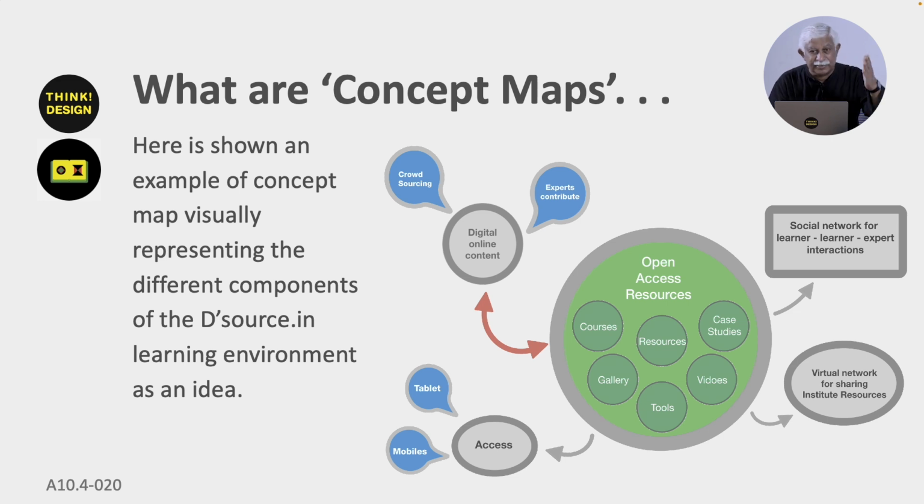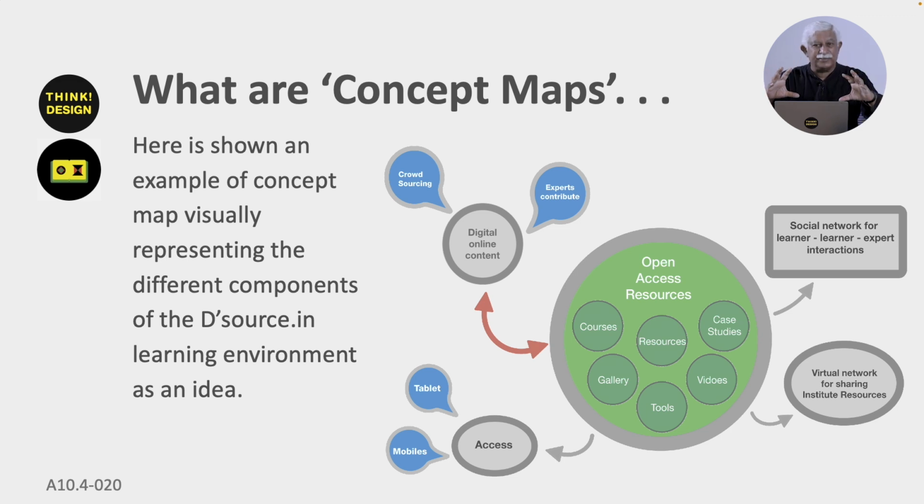It is digital online content, and of course, you can access it by any means, either through your mobiles, computers or desktops, and it can actually form a network at the end of it. Students or learners and faculty members can make use of it.